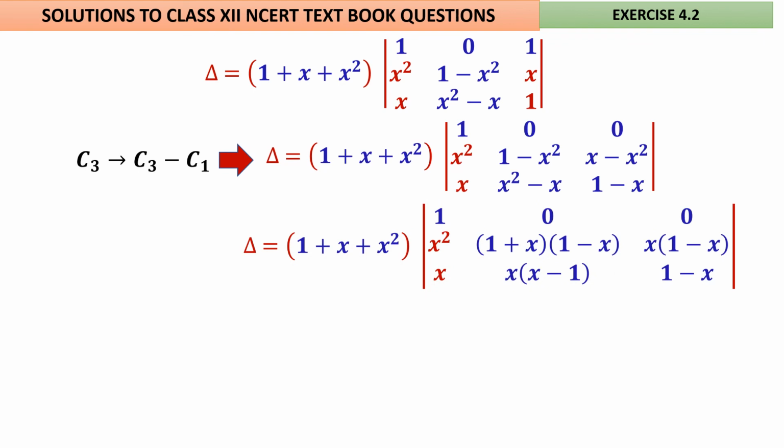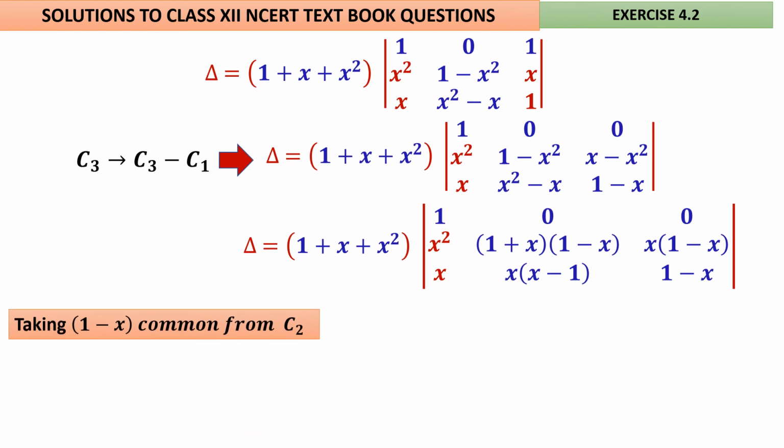Now in the second column 1 minus x square can be written as 1 plus x into 1 minus x, and x square minus x can be written as x into x minus 1, and in the third column x minus x square can be written as x into 1 minus x, and there is already 1 minus x there.